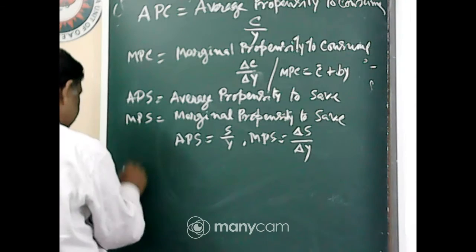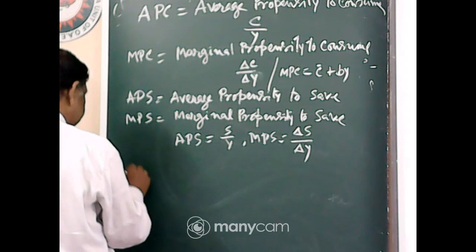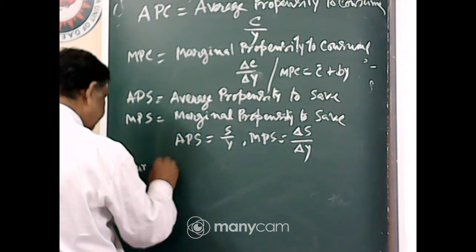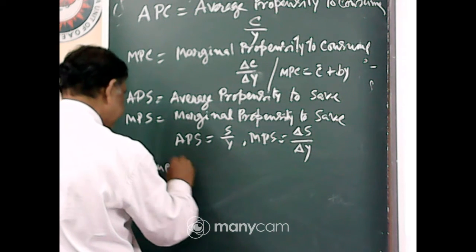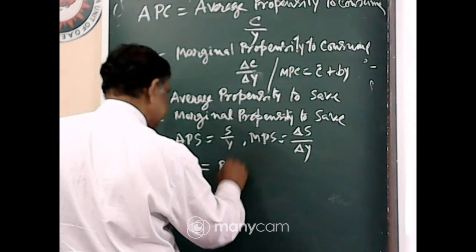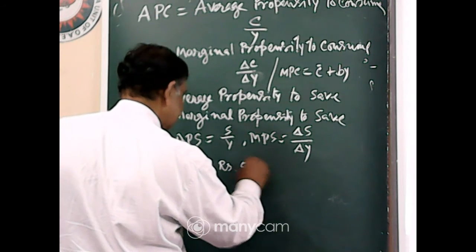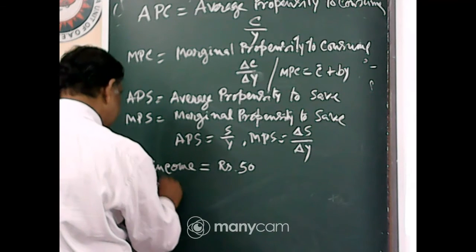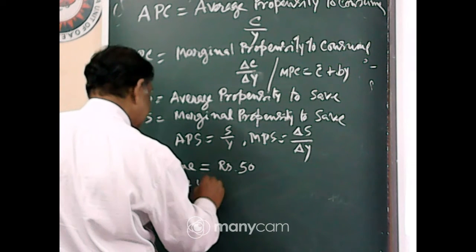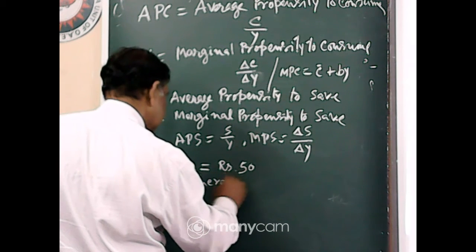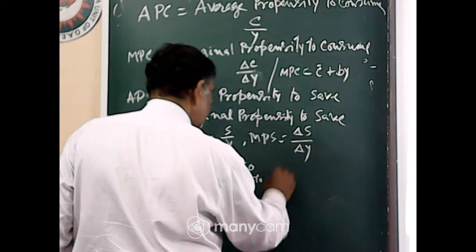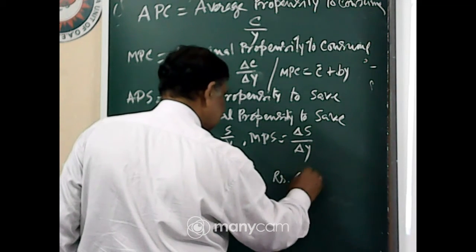So, suppose your income is equal to rupees 50. Now, income increases to rupees 60.